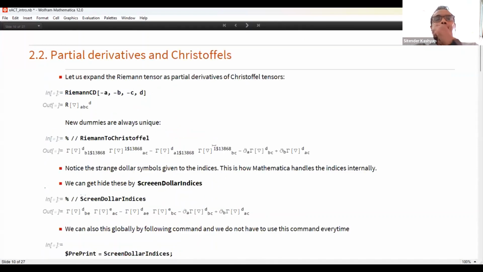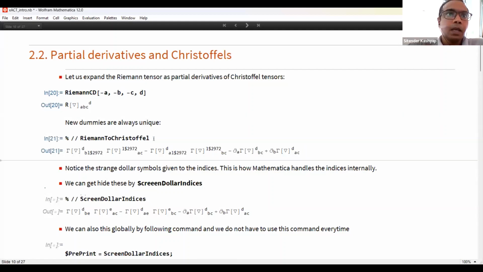Yeah, so now Christoffels will come. As the question was asked, let's define the Riemann CD. Now this percentage means the previous expression. Let's convert Riemann to Christoffel. There is this command. Once again you notice that because it has run out of such indices, it will assign these dollar indices, and these will be unique throughout the computation.